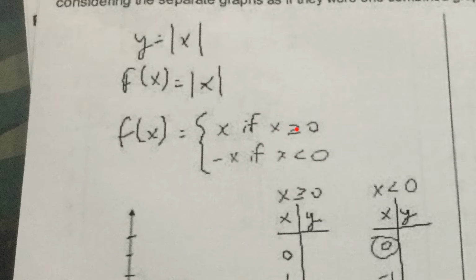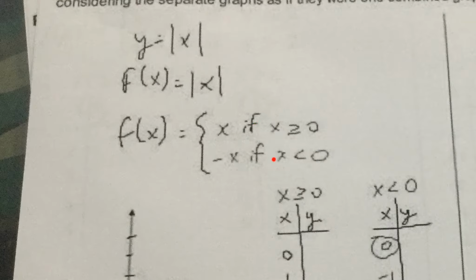Again, that would be 0 and positive numbers. Then what I put in for x is the exact same thing I get out. If I take the absolute value of 3, I get 3. Take the absolute value of 8, I get 8. So right here, the first piece of my function is f of x equals x if my x value is greater than or equal to 0.